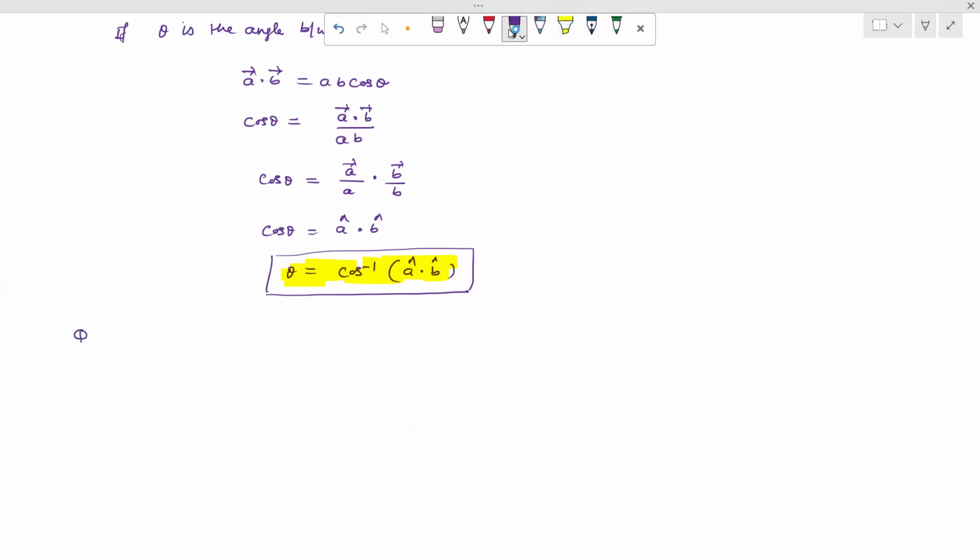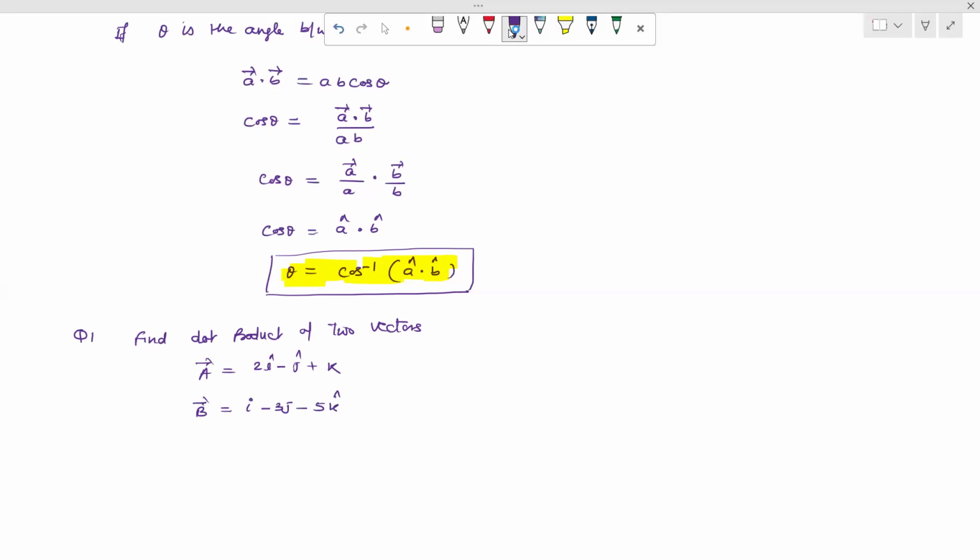Question number 1, find the dot product of two vectors. Vector A is given as 2i minus j plus k, and the second vector B is equal to i minus 3j minus 5k.